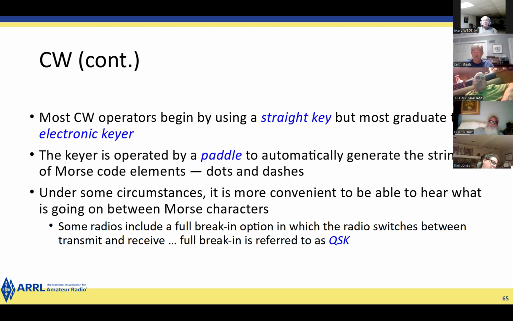The Elecraft radios are extremely good at that. But those brands were originated by people who were CW operators to begin with, so that was very important.